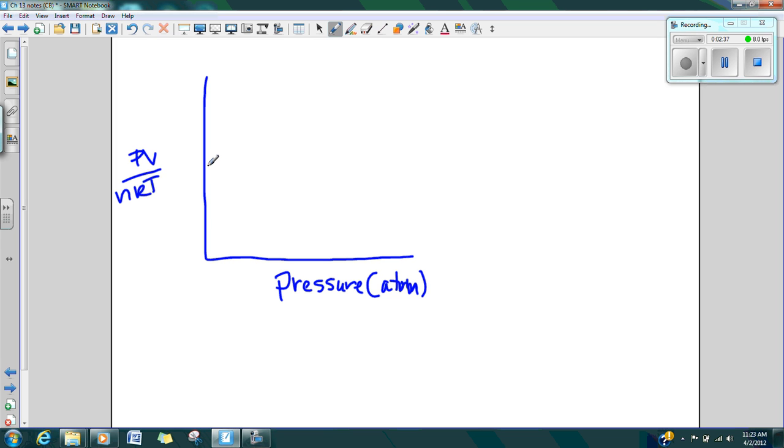And then if we talk about this line of just being one, where all these things are equal, this line right here is going to be our ideal gas.